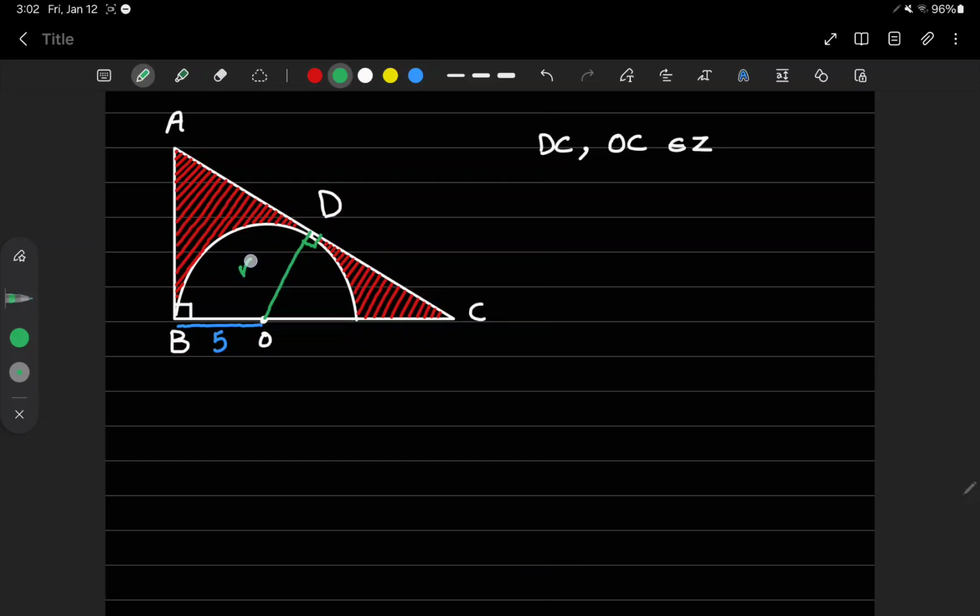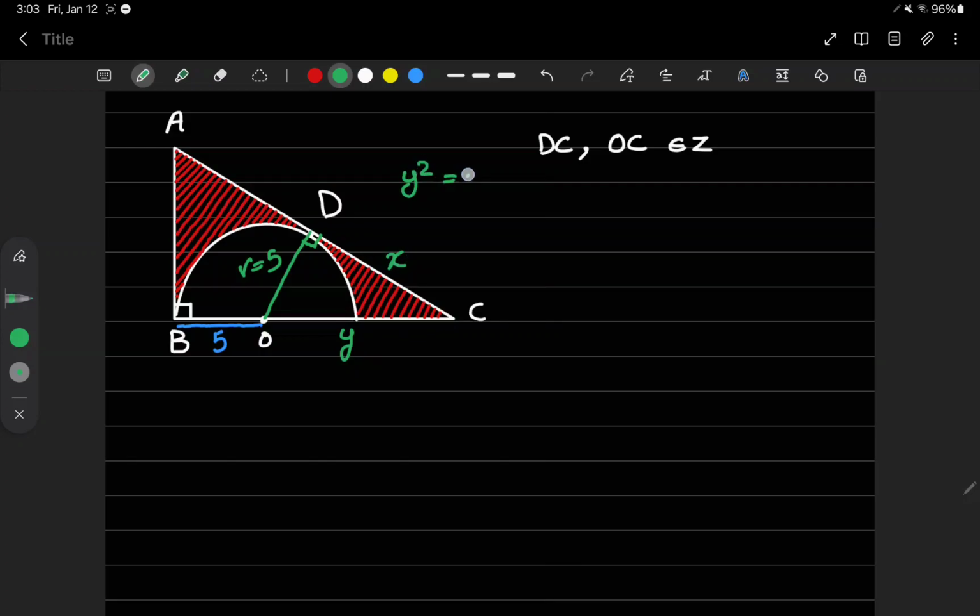And because this is also radius, it's equal to 5. We call it R equal to 5. This is the radius. So interesting thing is, because this is 90 degrees, this triangle DCO is a right triangle. And if I call this Y and X, now we have this.